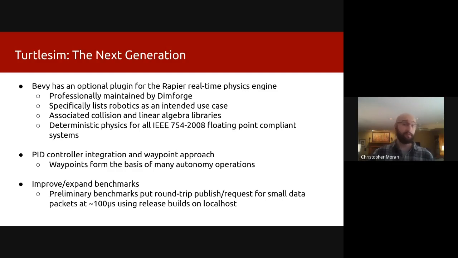It specifically lists robotics as a potential use case and has associated collision and linear algebra libraries, as well as deterministic physics that can potentially be used to develop much more realistic autonomy operations for more complicated situations in the future. For example, by building not a one-dimensional or two-dimensional turtle that's moving around, but if you wanted to develop something like a drone control system, that would definitely be a way forward.